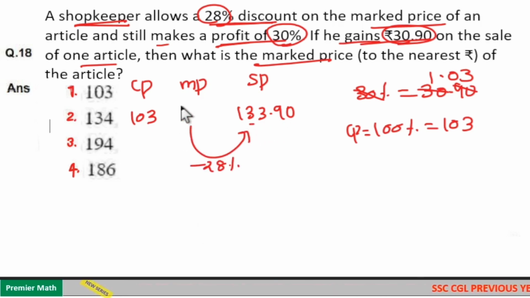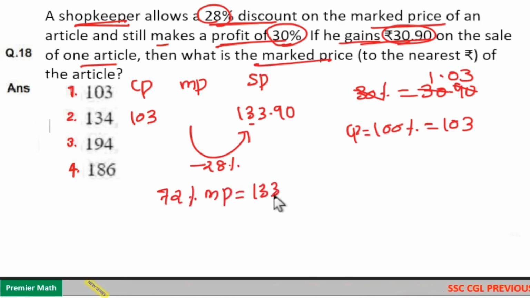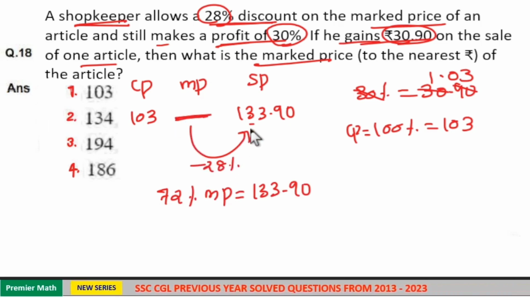That is, if 100 rupees is the mark price, 100 minus 28, that is 72% of this mark price, is equal to 133.90 rupees.